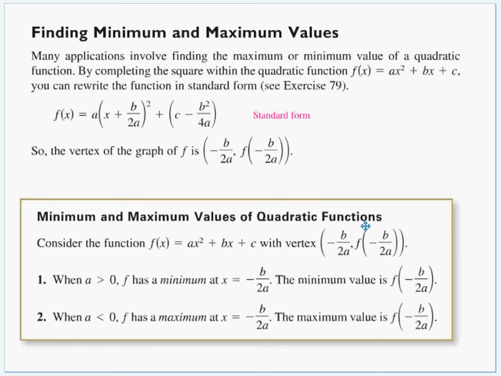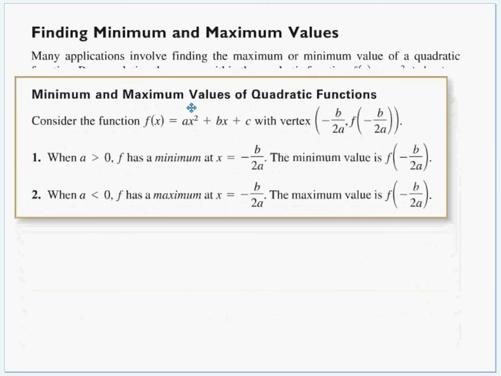And now that's all explained here in the box, the official min and max value of a quadratic function box. Consider this function ax squared plus bx plus c. Its vertex will always be at negative b over 2a. And once you have the x value, plug it back in here to see what comes out. That's your y value. So there's your vertex.